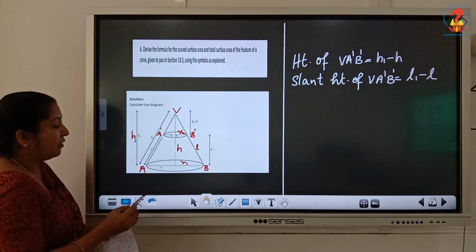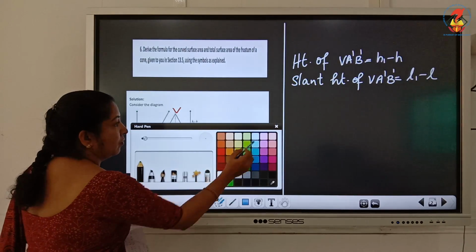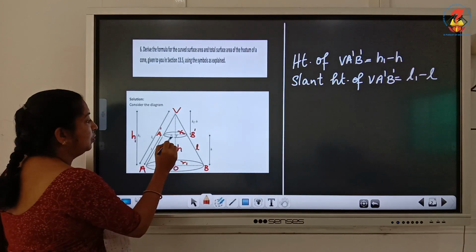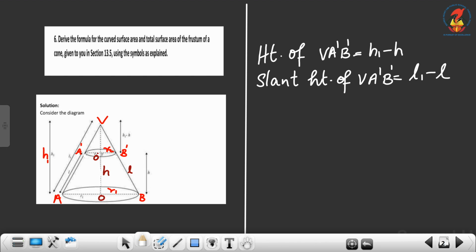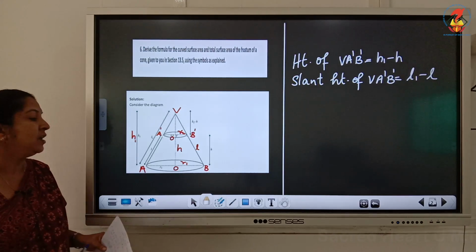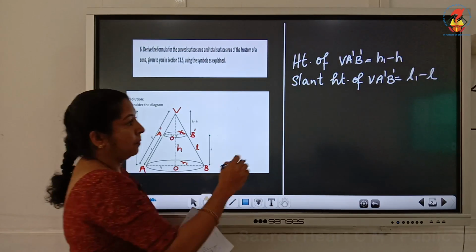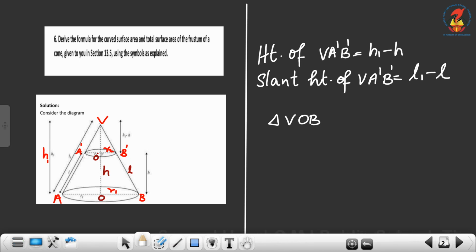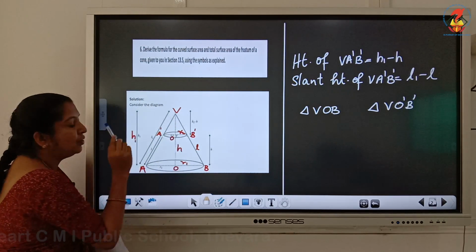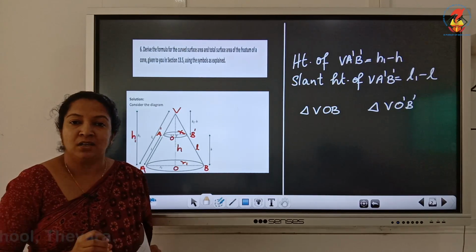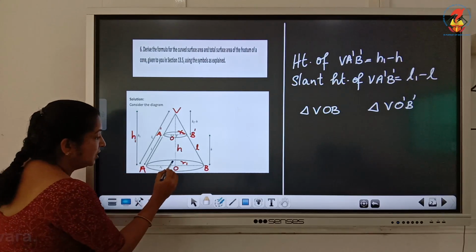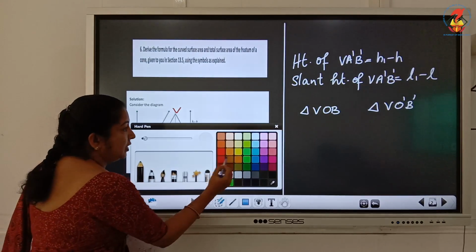So here actually we have two triangles. Here I have marked O'. So consider triangle VOB and triangle VO'B'. Actually these two triangles are similar. Why?